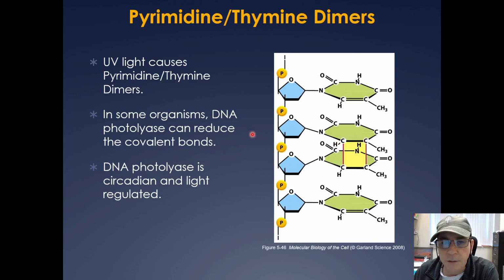Now, in some organisms, there's an enzyme called DNA photolyase that can actually reduce these bonds, and the DNA photolyase is actually circadian and light regulated. But most mammals, many eukaryotes, and many animals in general don't have DNA photolyase, so these are repaired via a different mechanism, and I'll explain in a bit how that happens.